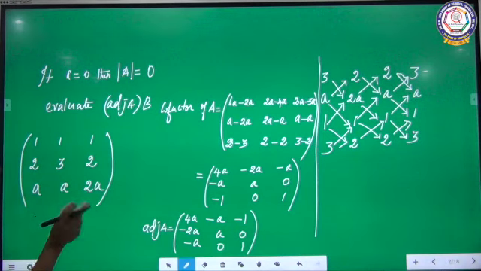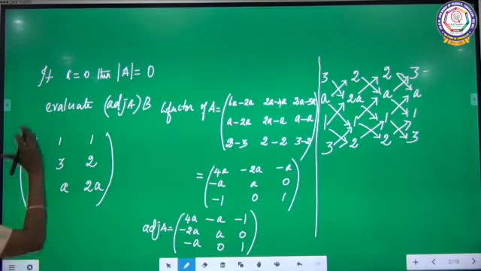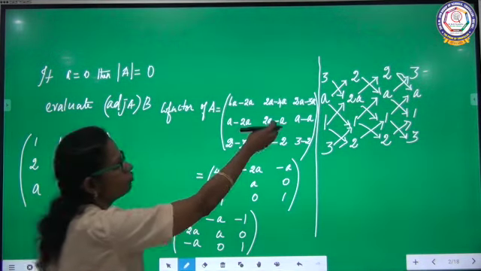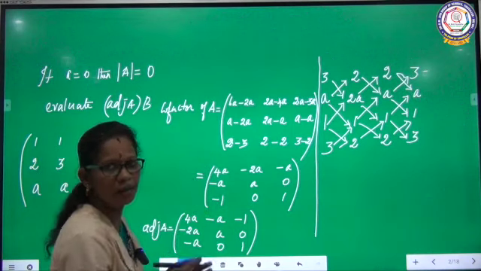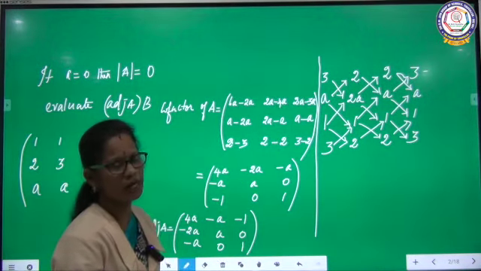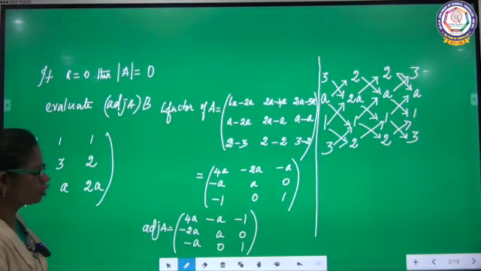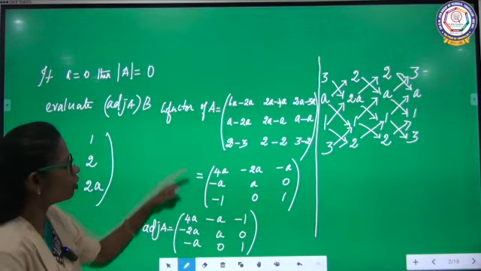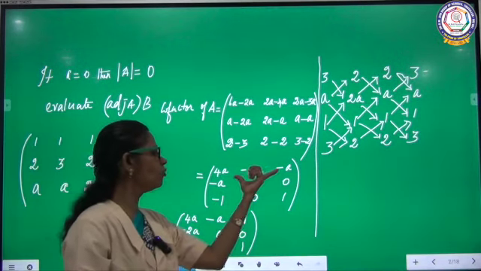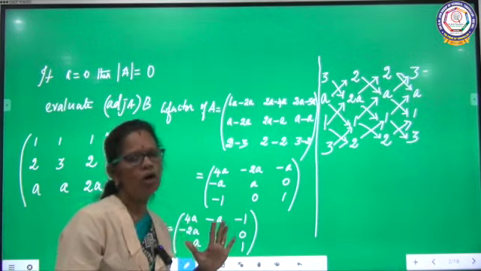The last column should be filled by the first column entry. Then the main diagonal minus subdiagonal, that logic you applied and find a cofactor. Adjoint means what? The transpose of cofactor. Transpose of cofactor is nothing but the row into column.